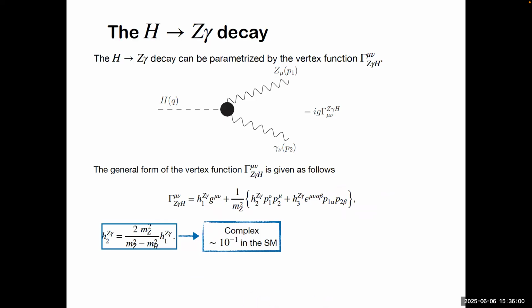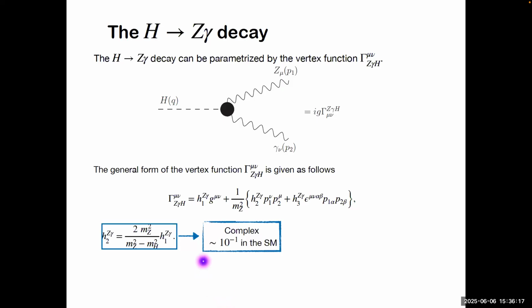It can be described in terms of 3 form factors, H1, H2, and H3. H1 and H2 are related because of gauge invariance, and at the end, I only have 2 form factors.